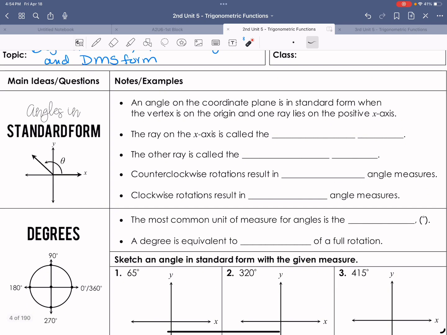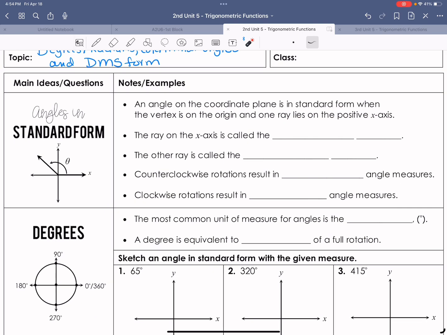An angle on the coordinate plane is in standard form. This is very important. When the vertex is on the origin and one ray lies on the positive x-axis. So here's your vertex right there in the center at the origin, and here's that ray that lies on the positive x-axis.